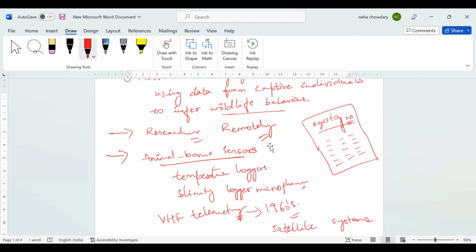So that is how they prepared their data.